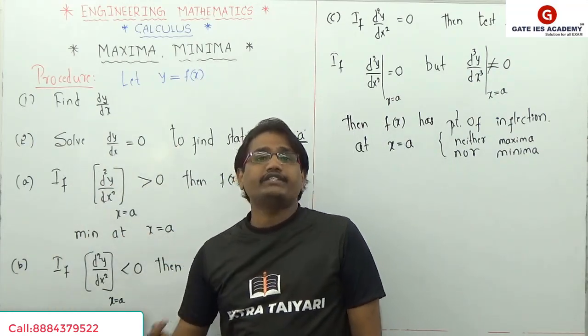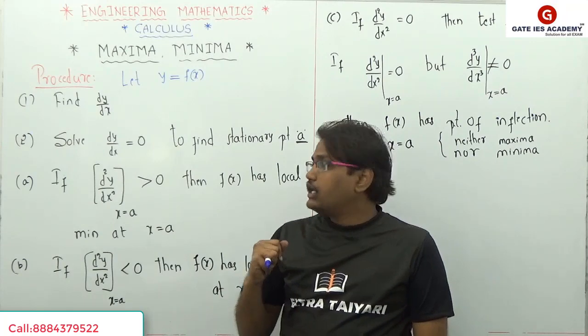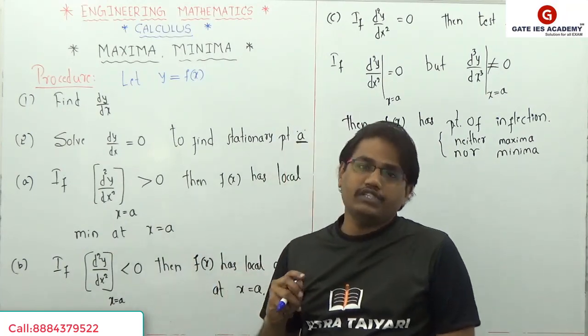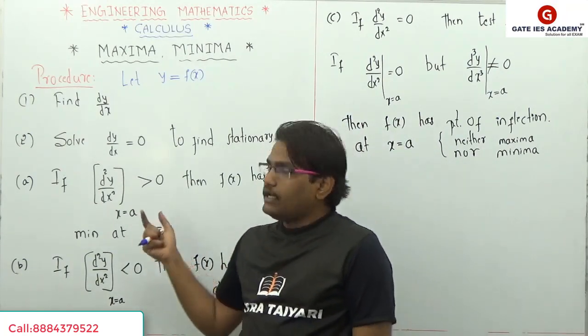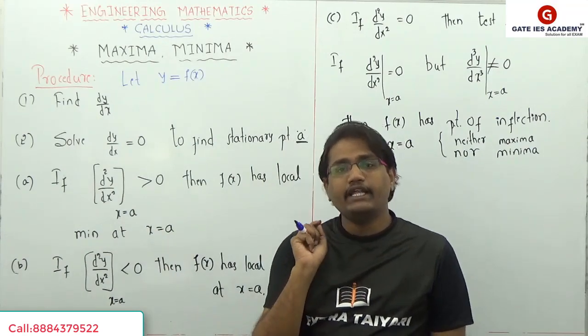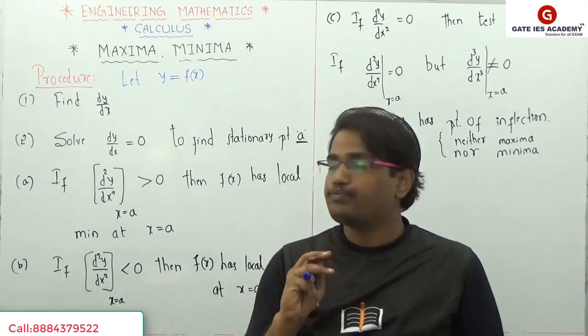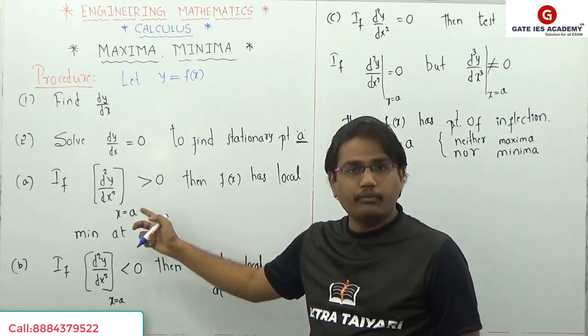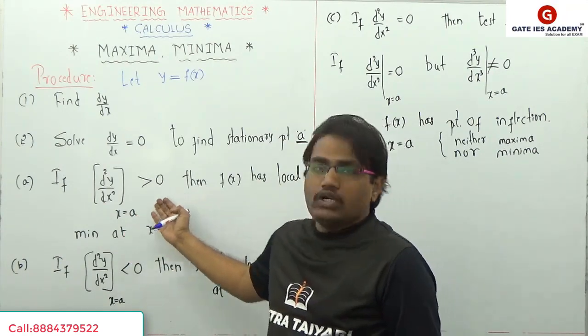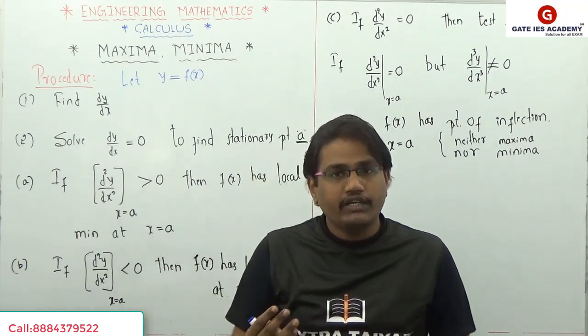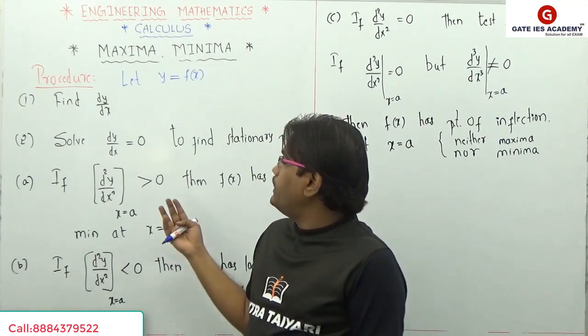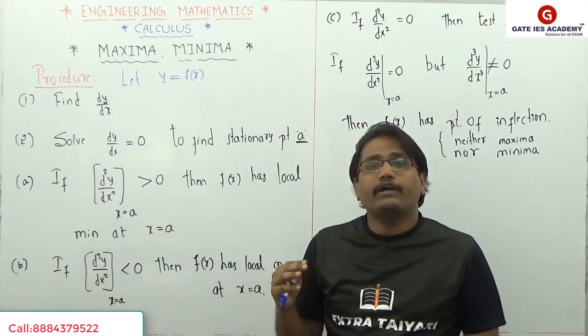Then find the second derivative. Here comes the use of the second derivative. Because at that point, if the second derivative comes out to be positive, what is the conclusion? If the second derivative is positive at any point, what kind of curve?